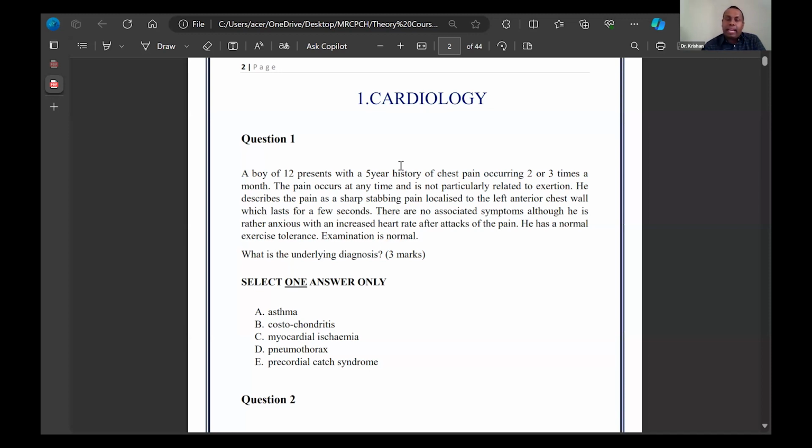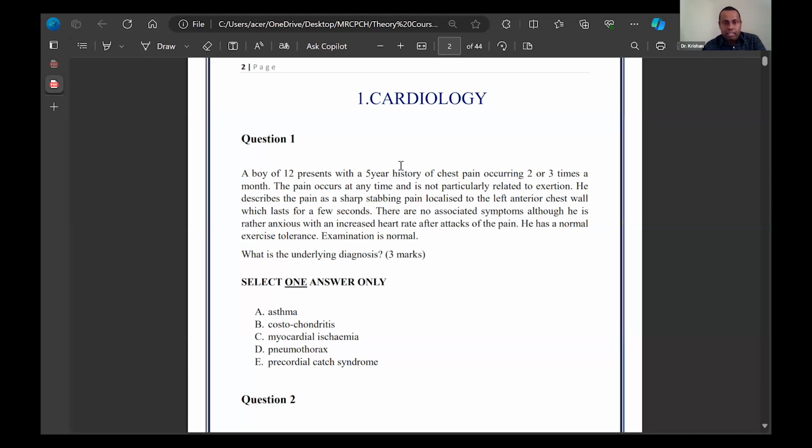He describes the pain as sharp stabbing pain localized to the left anterior chest wall, which lasts for a few seconds. There are no associated symptoms, although he is rather anxious with increased heart rate after the attack of the pain. He has a normal exercise tolerance. Examination is normal.